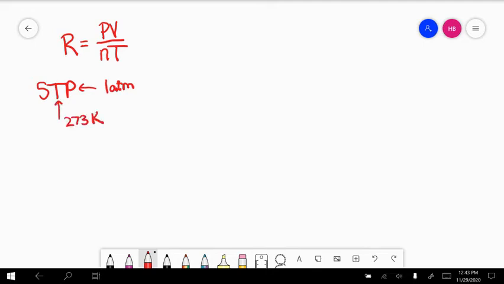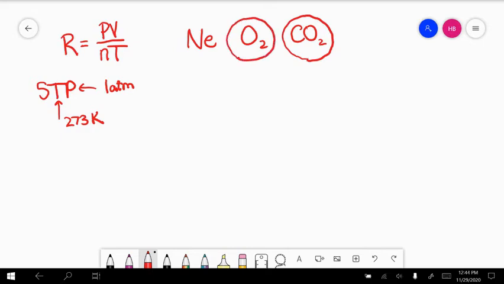Okay, so if we're at STP, let's say we've got a bunch of gases at STP. Let's just list a sample example of some containers that have gases in them. We're going to say that we have 3 containers. One has CO2, one has O2, one has neon.